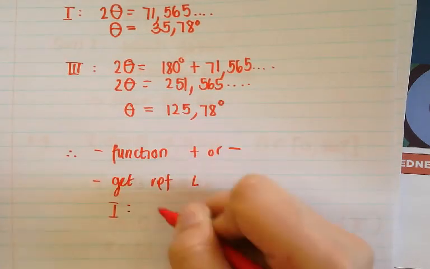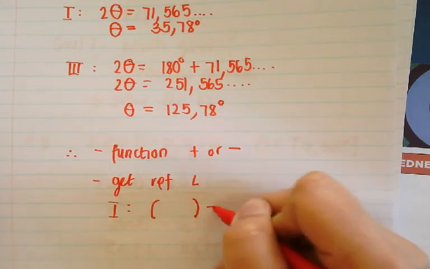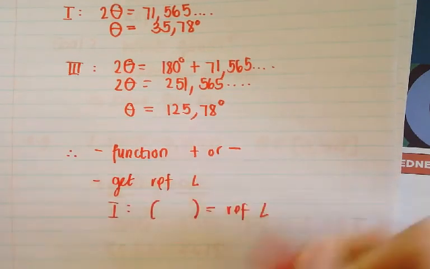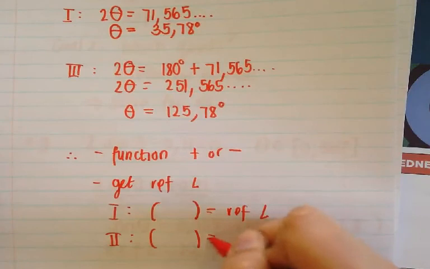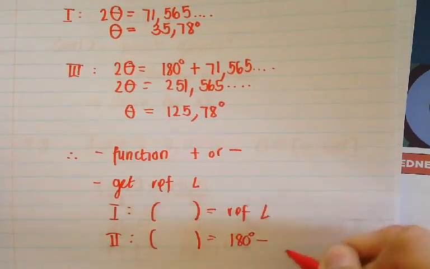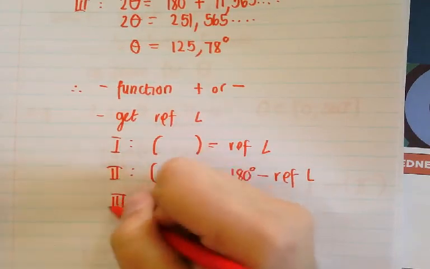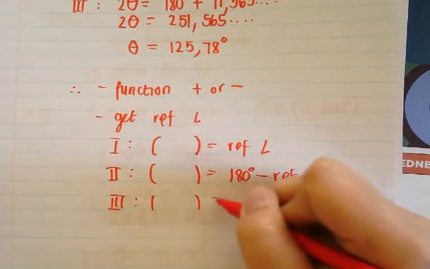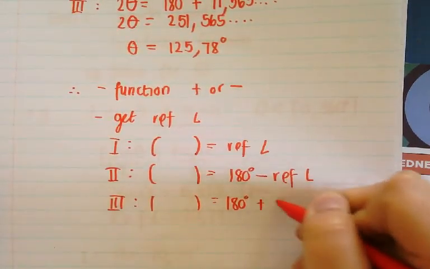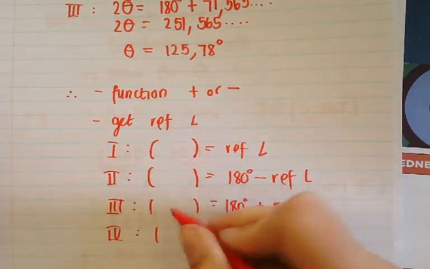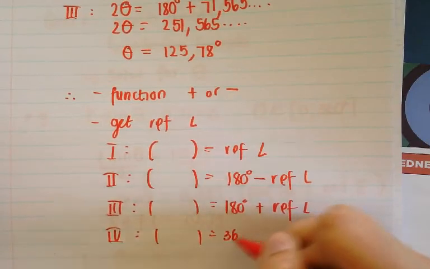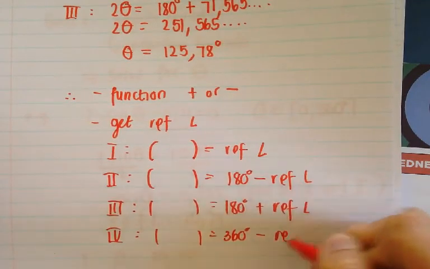Quadrant 1 would be the bracket equals the reference angle. Quadrant 2 would be the bracket equals 180 degrees minus the reference angle. And quadrant 3, 180 plus the reference angle. Quadrant 4, 360 minus the reference angle.